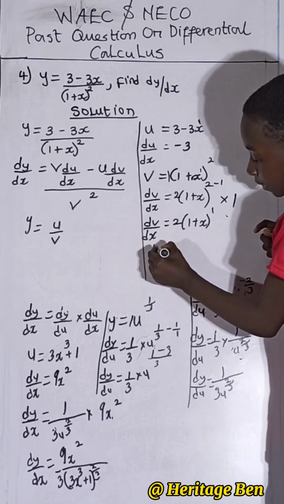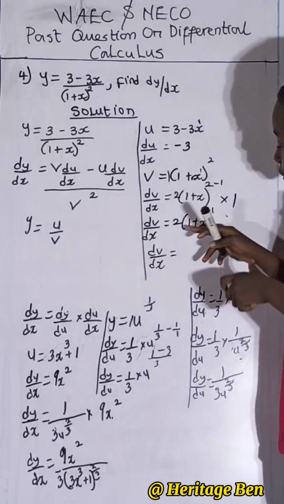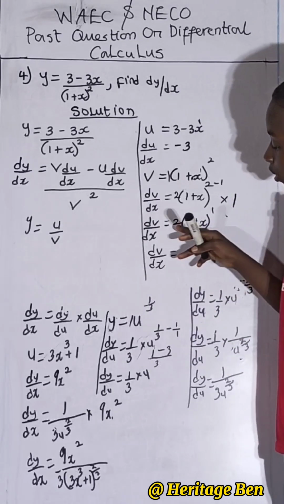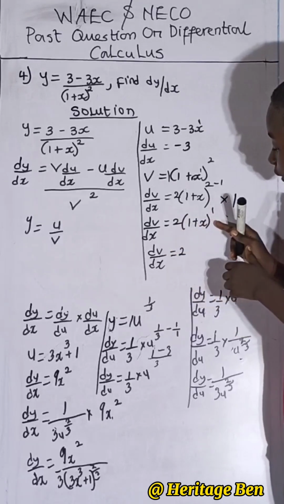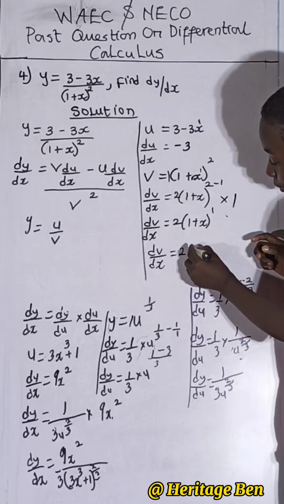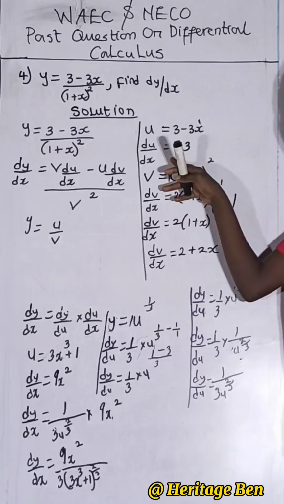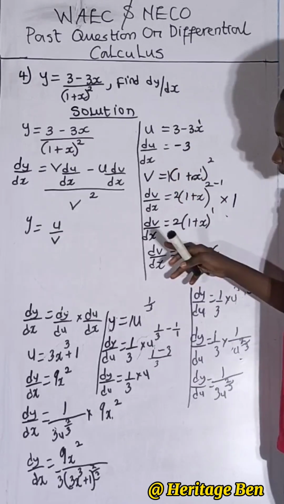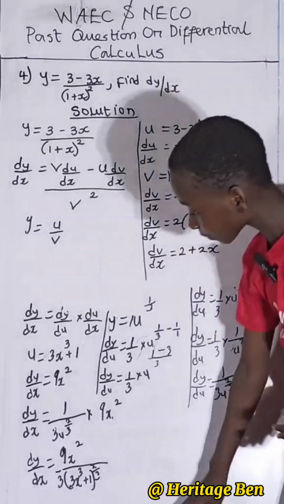So dv/dx is equal to, now let's open this bracket, 2 times 1, 2, 2 times x, plus 2x. Now du/dx is equal to minus 3 and dv/dx is equal to 2 plus 2x.